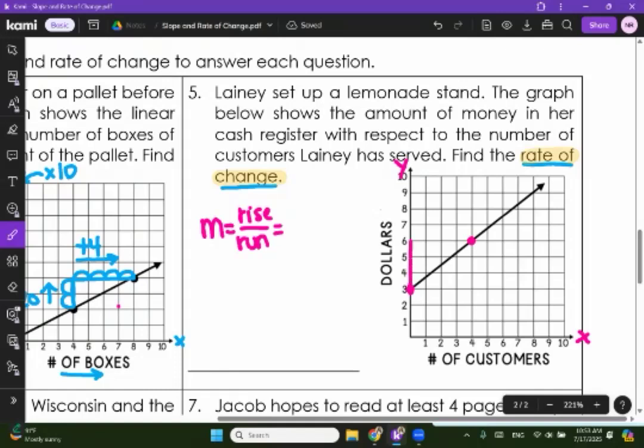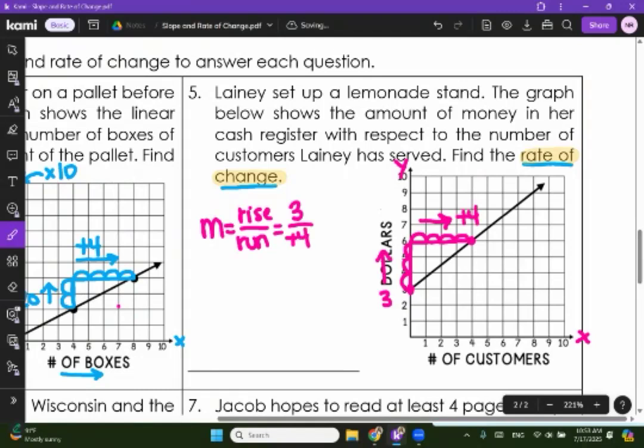So draw your right triangle above the line, not below. Count how many boxes you go up. 2, 3. So we go up by positive 3. And we go to the right, 1, 2, 3, 4. Since we're going right, that's a positive 4.